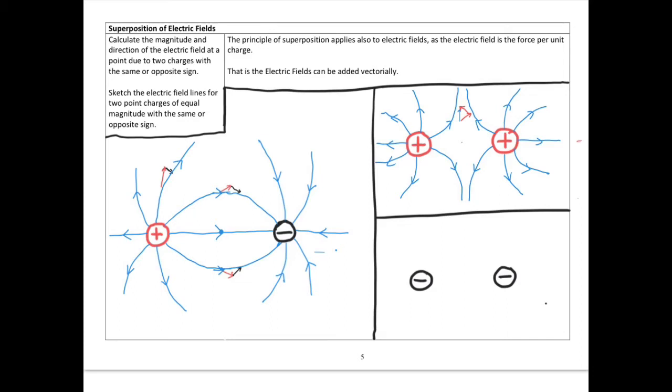And a negative field looks exactly the same, but everything is in the opposite direction, anti-parallel, as we say, so they're all getting pulled into the middle when we start to put the direction in.